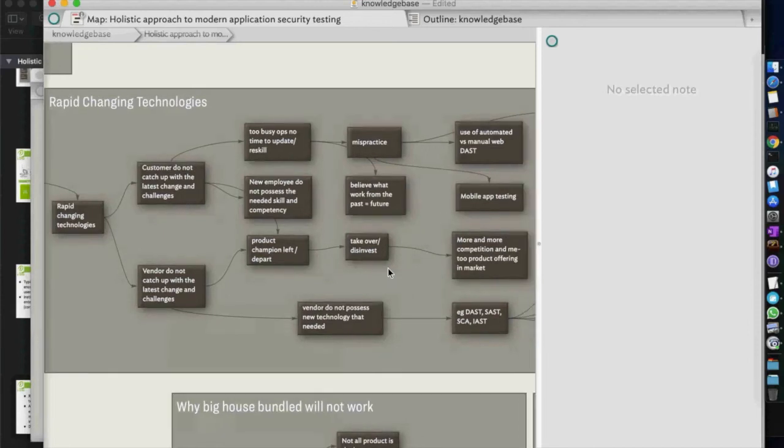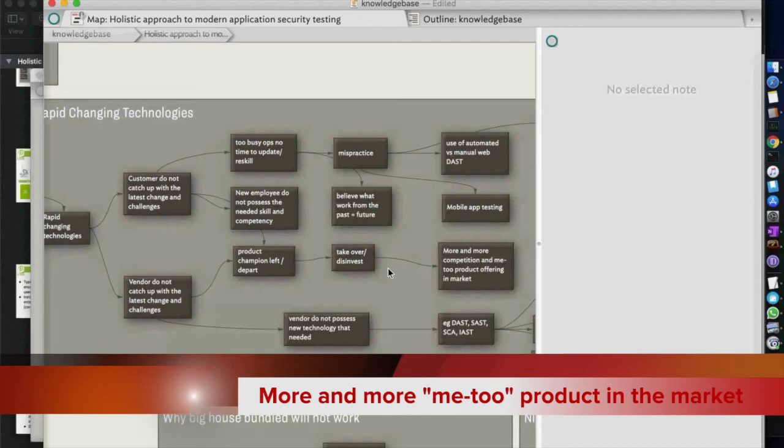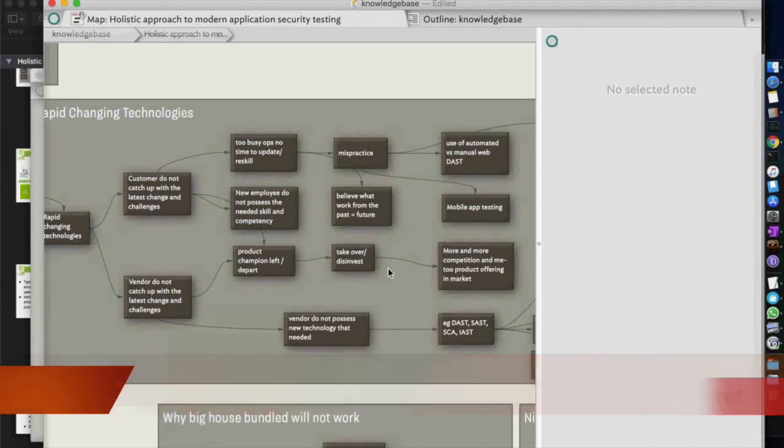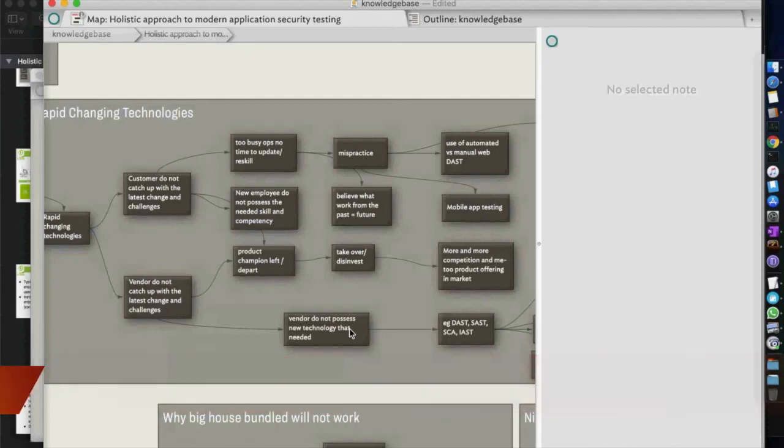The main driver is mostly more and more competition in the market, where they find it tough to keep doing the same thing, while at the same time they do not possess the new technology needed to compete in the new battlefield.